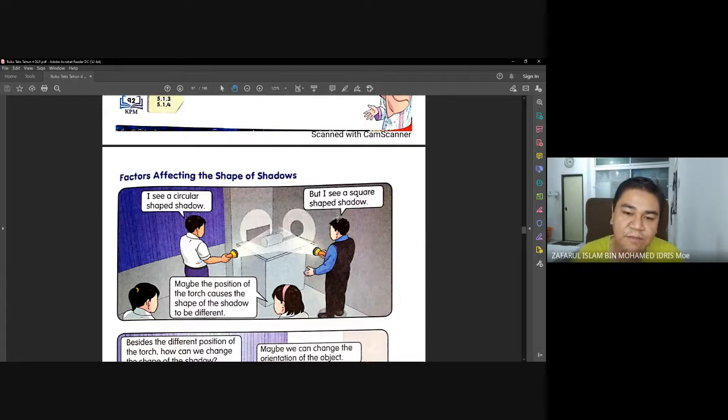Awak suluh dari depan, awak akan nampak bayang-bayang dia berbentuk silinder panjang. Awak suluh daripada atas, dia jadi bulat. Because of what? Sebab dia adalah bentuk silinder and it depends on the position of the light source.